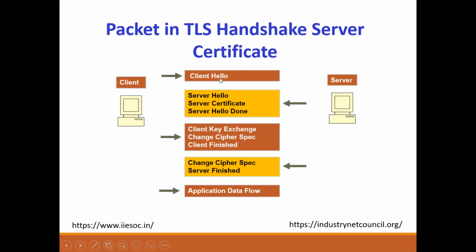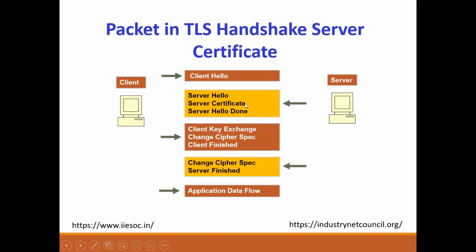We will look in detail at each of these packets because it's very important to understand the handshake. And of course, if there's no match, then the communication will be ended right there at the server hello. But otherwise, the server will send its certificate, and if the client accepts it, then all goes well. Server sends hello done.